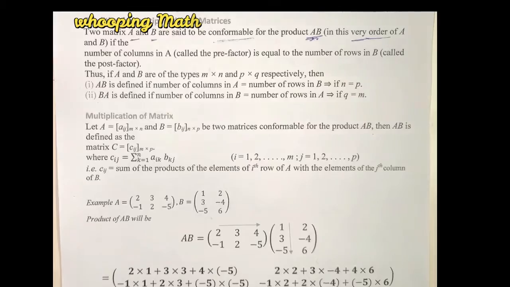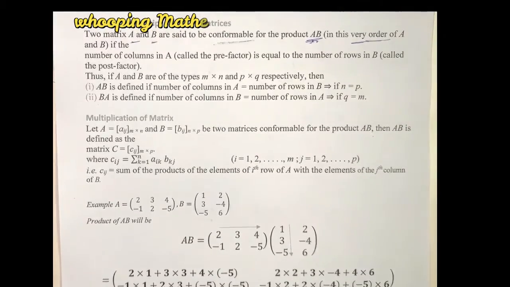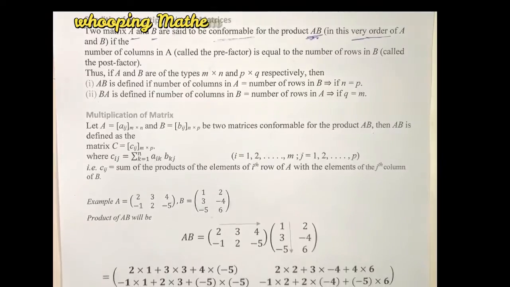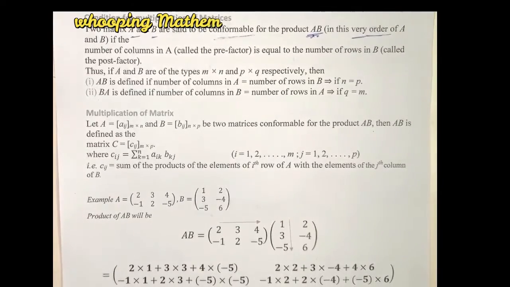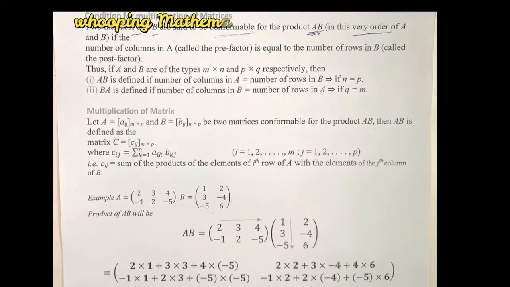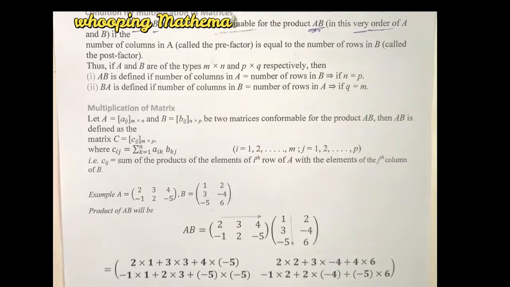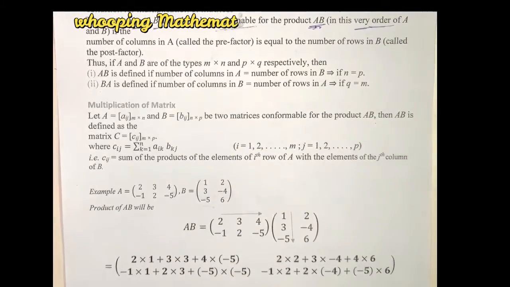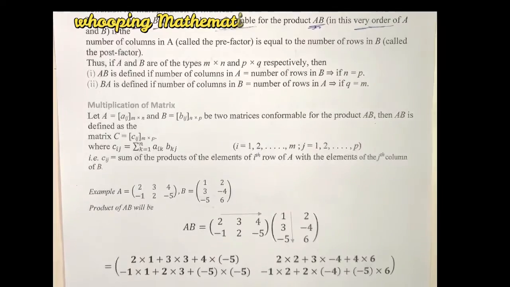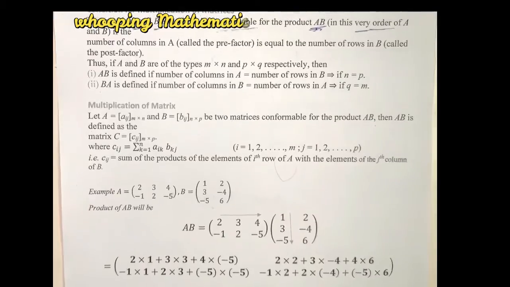We are not going to interchange A and B. As we know, multiplication of numbers is commutative in nature, so if we multiply A and B or B and A, we get the same product. But in case of matrices, this is not true in general. That means if we are multiplying matrix A by matrix B, then we are going to keep the order the same.